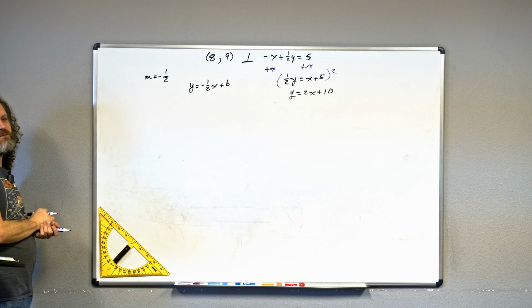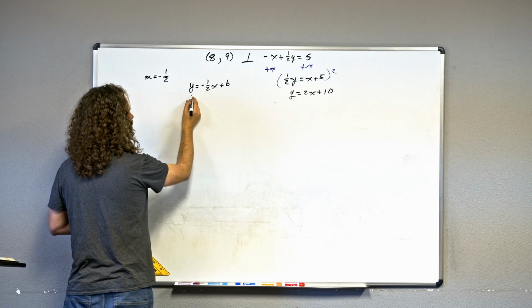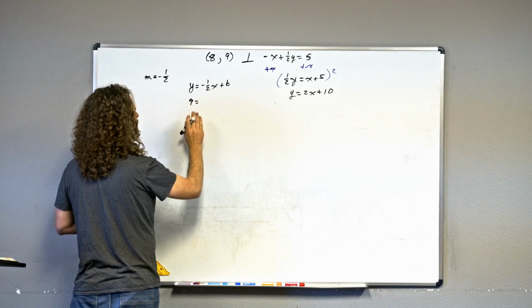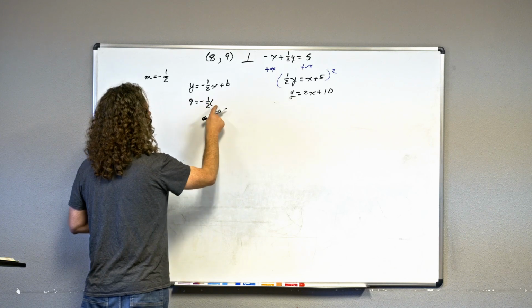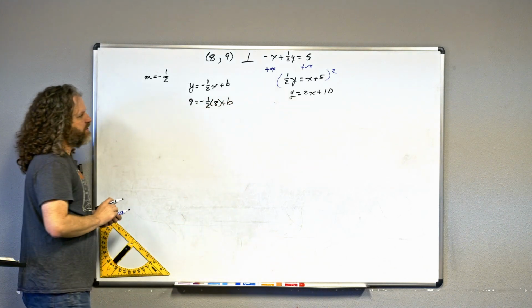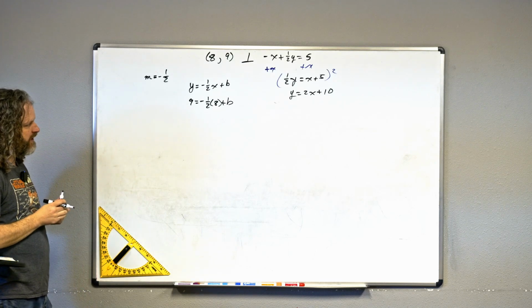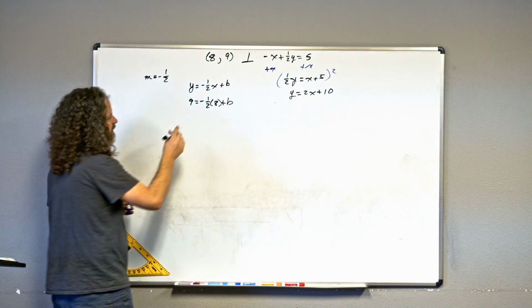Now what would we do? Plug in the point. Sure, sounds good. What are we going to put in right here? You don't have to sound so excited about it. Calm down. And here we're going to plug in 8. And then we're going to solve for b. So what should we do there? Multiply negative 1/2 times 8. Which is?